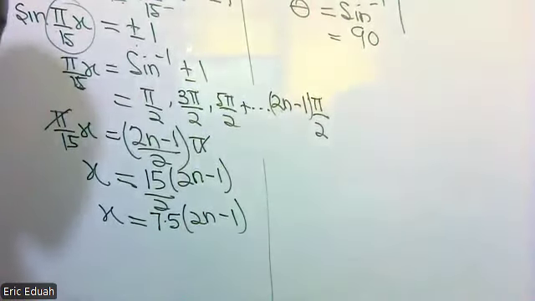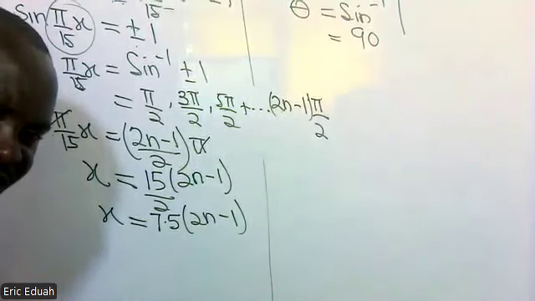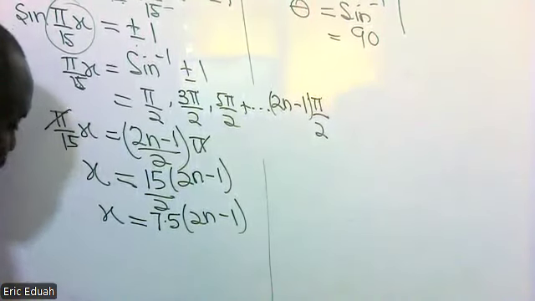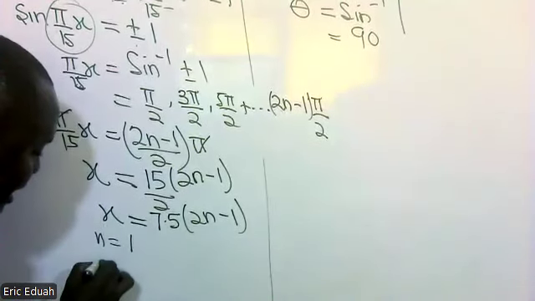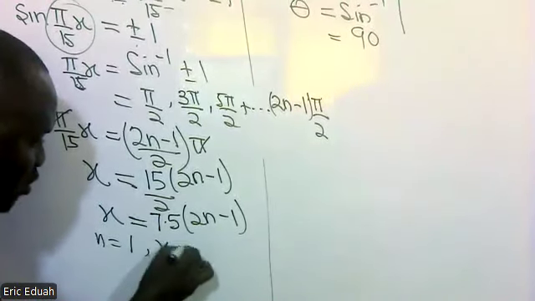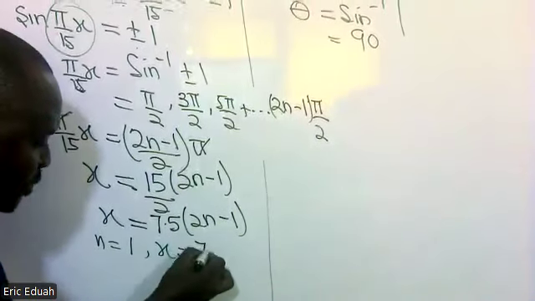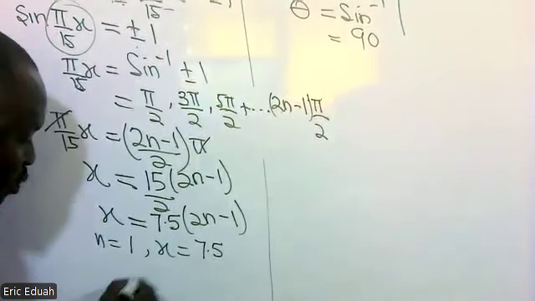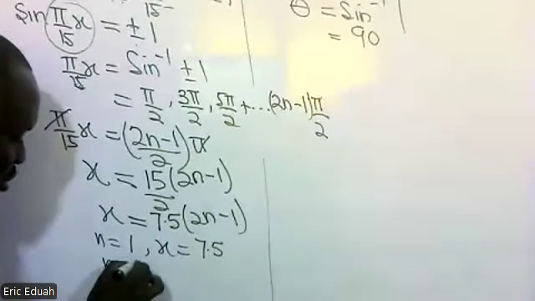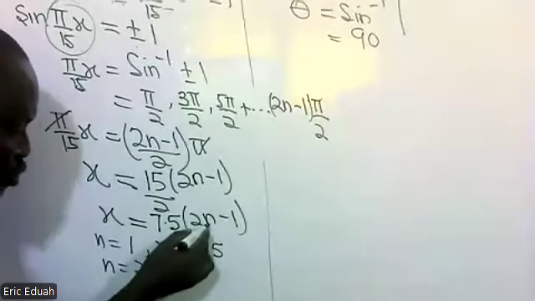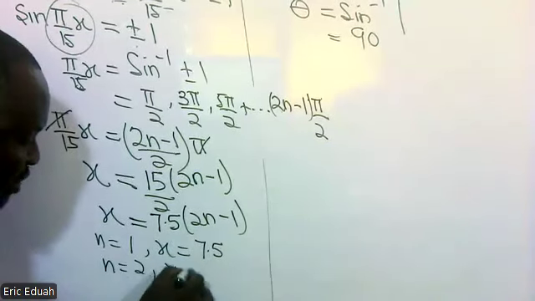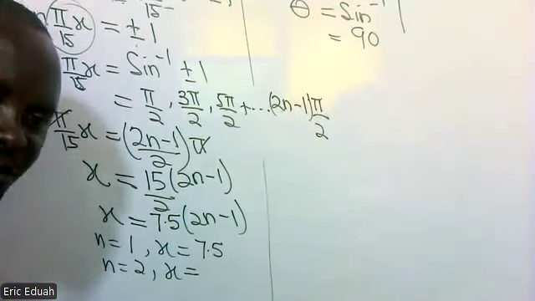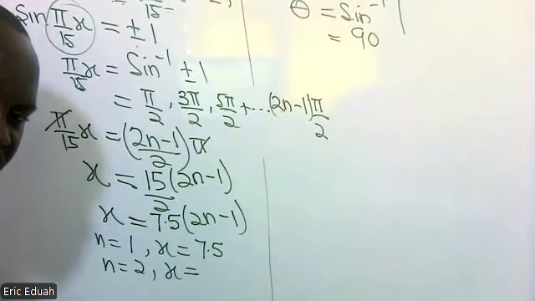These are the possible expressions for determining x. When n is 1, x will be equal to 7.5. When n is 2, x will be equal to 3 times 7.5. And what is 3 times 7.5? I think 22.5. Is that correct?